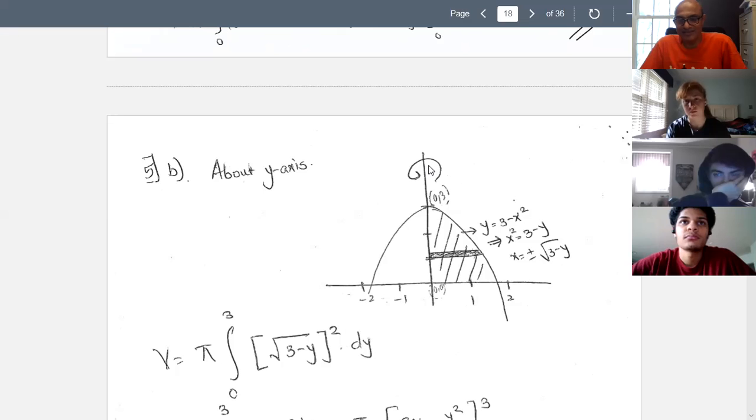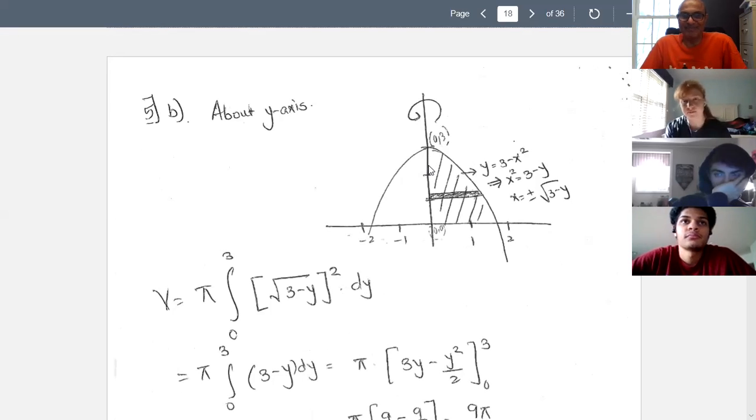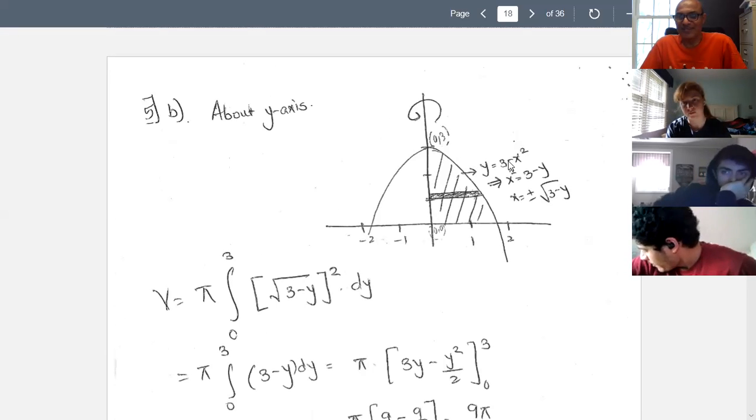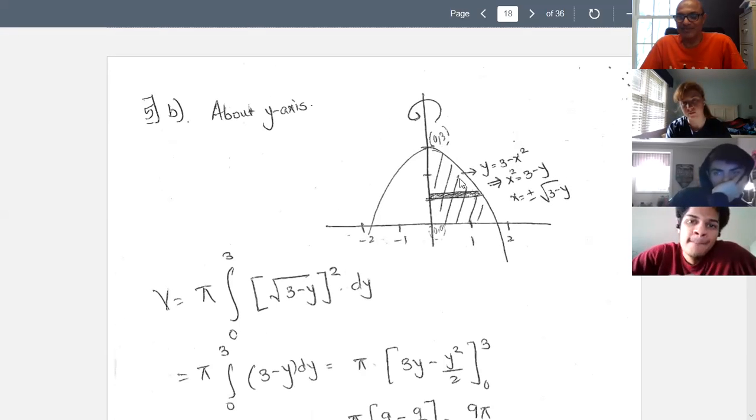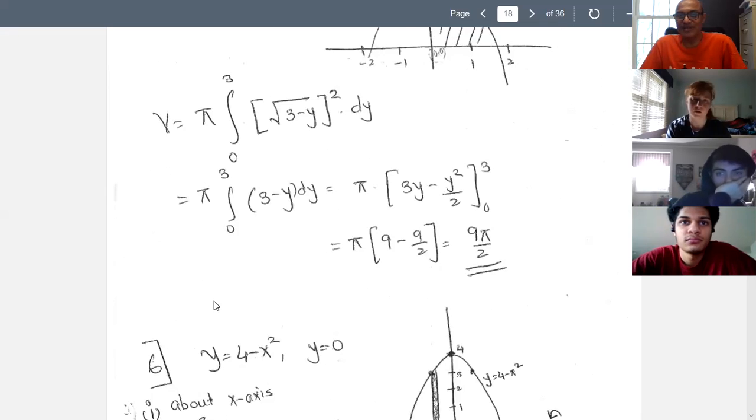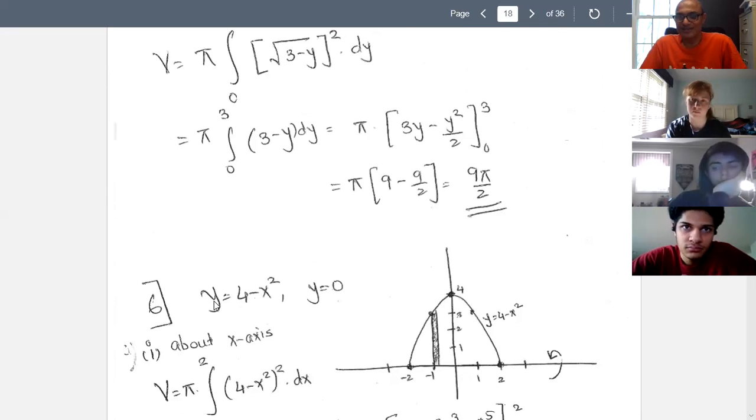Here my strip touches the axis of revolution. So simply the disk method. My R of y, make it a function of y first: 3 minus x square is 3 minus y, because first quadrant is positive, so square root of 3 minus y. And it's squared, and pi outside. Plug the values, get the answer. You're done. Simple.